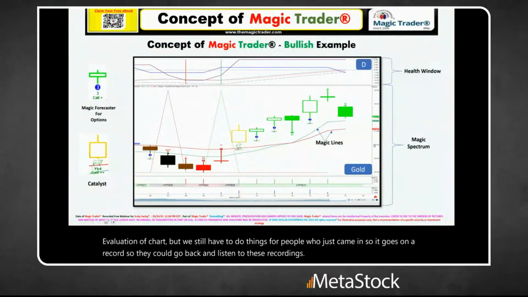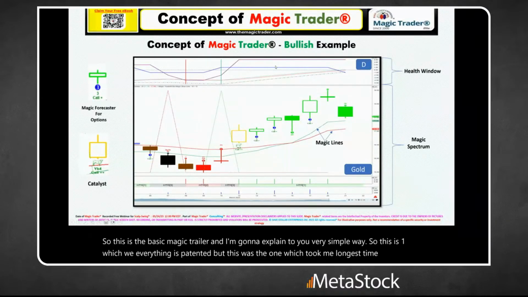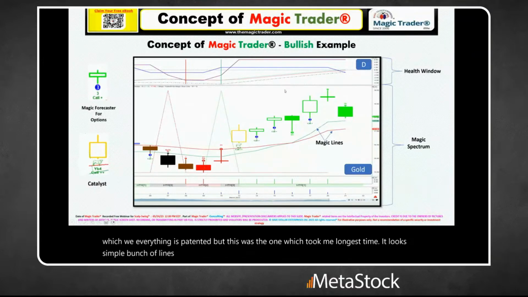So this is the basic of Magic Trader, and I'm going to explain it in a very simple way. Everything is patented, but this was the one which took me the longest time. It looks simple, a bunch of lines, but they tell you a lot of stories. The idea came from my own health, because I've not been well for many years.